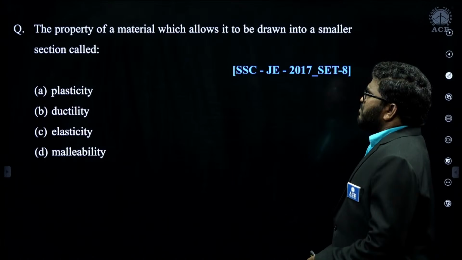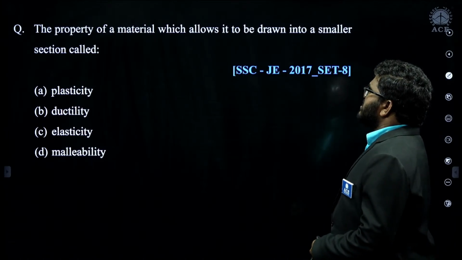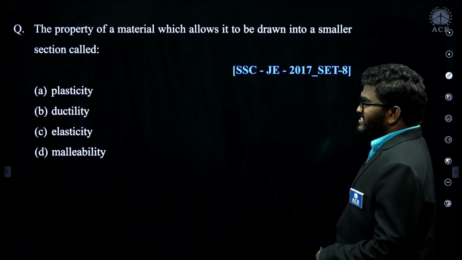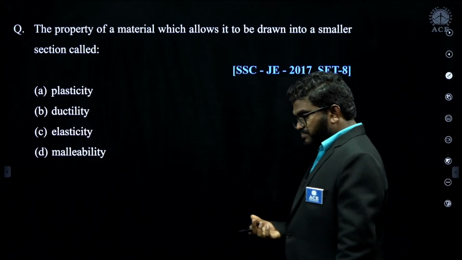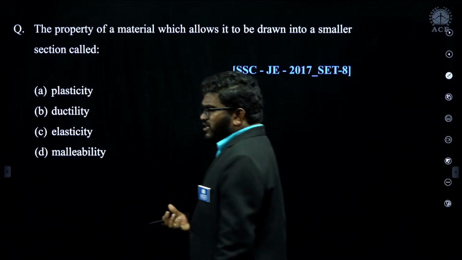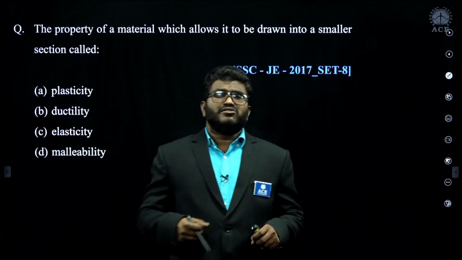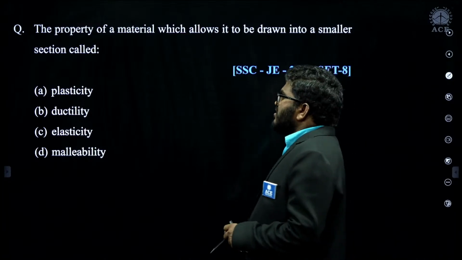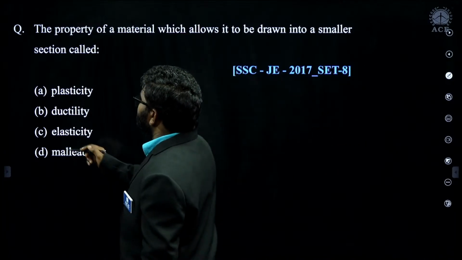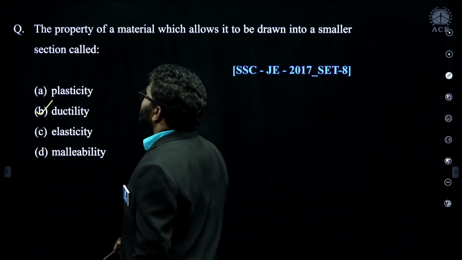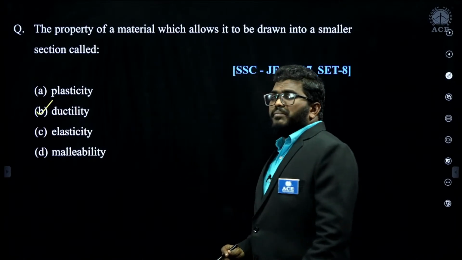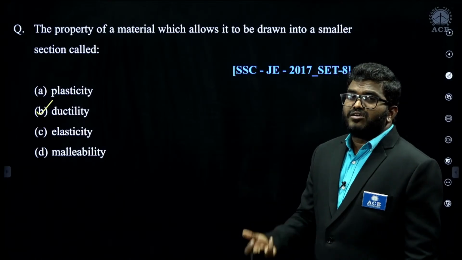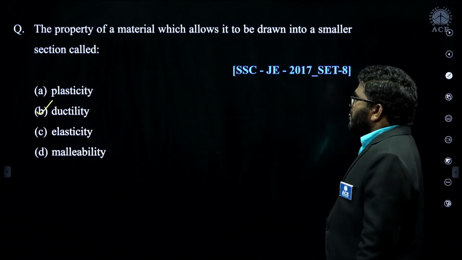Now, the property of a material which allows it to be drawn into a smaller cross-section area. By applying a tensile test to the material, the cross-section area will decrease and the length will increase. We call that the ductility of the material. Ductility is the ability of a material to be drawn into wires. So, sudden reduction in cross-section area is going to change.